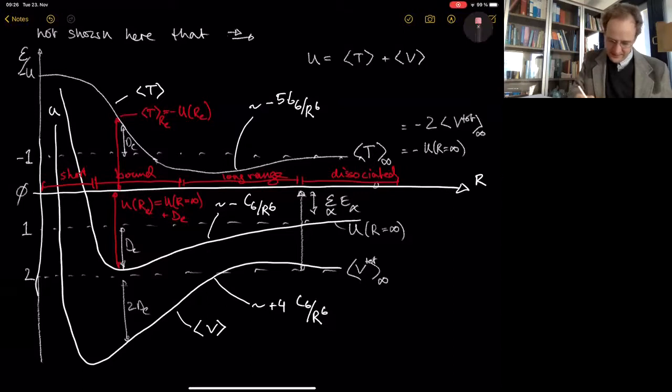And at the same time, you have then, by necessity, that this kinetic energy is the same as, again, the dissociation energy plus your kinetic energy at infinity.